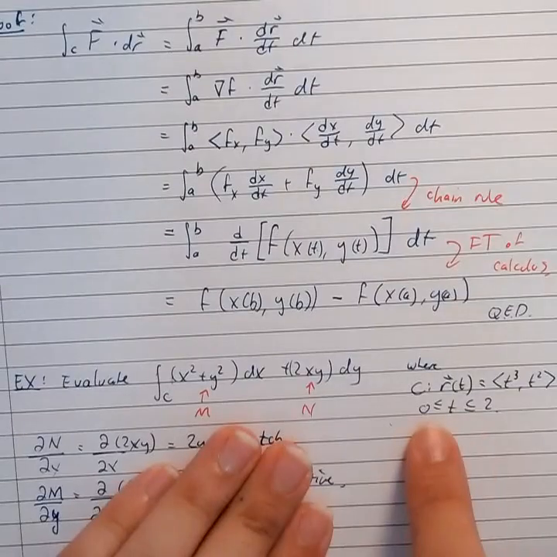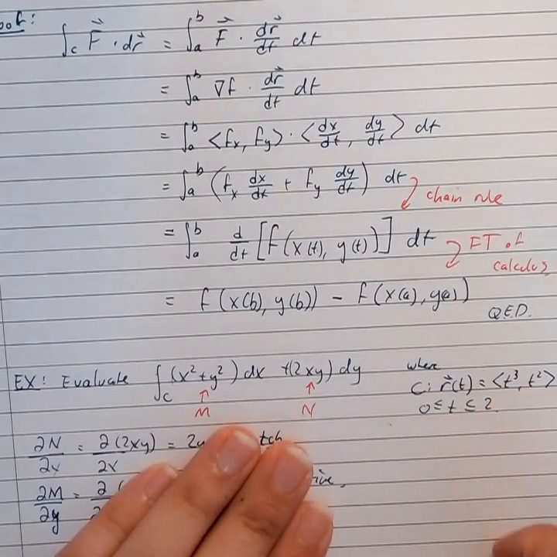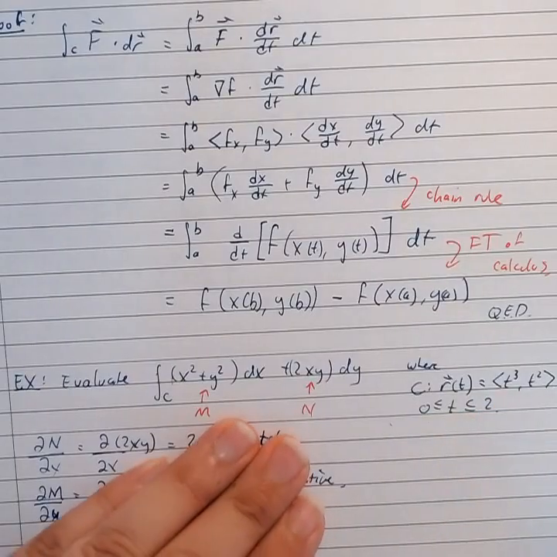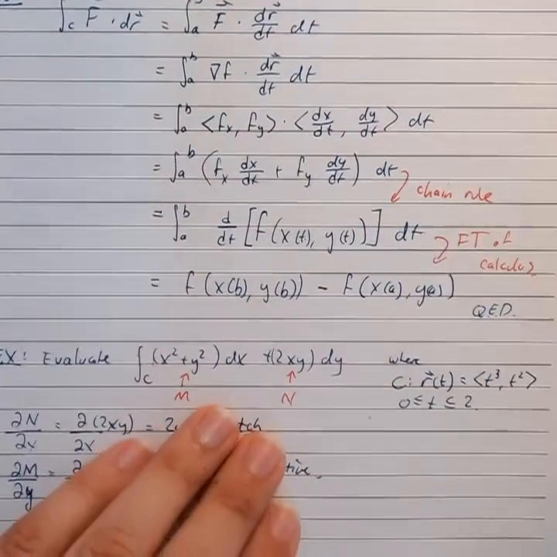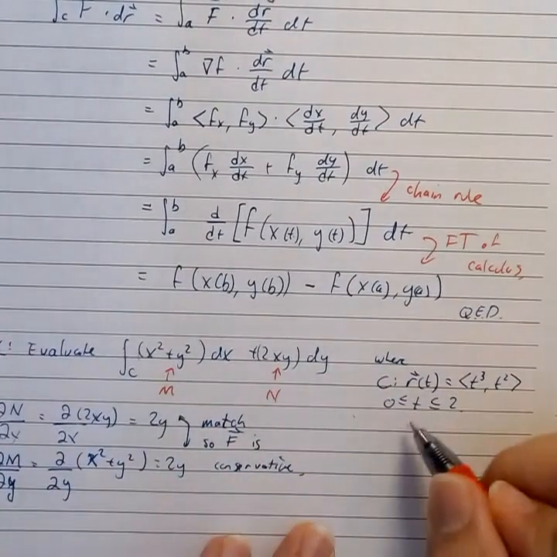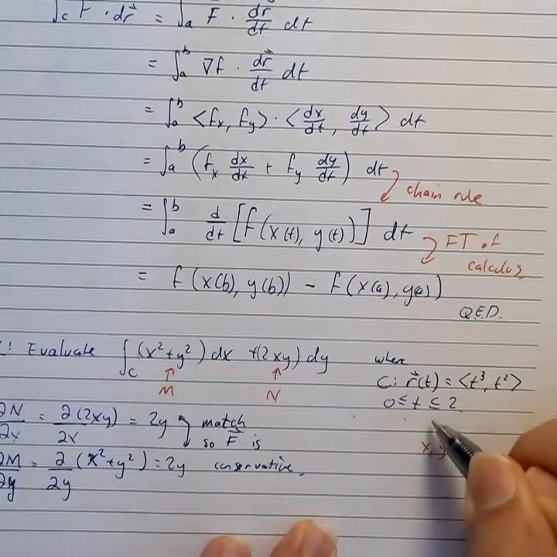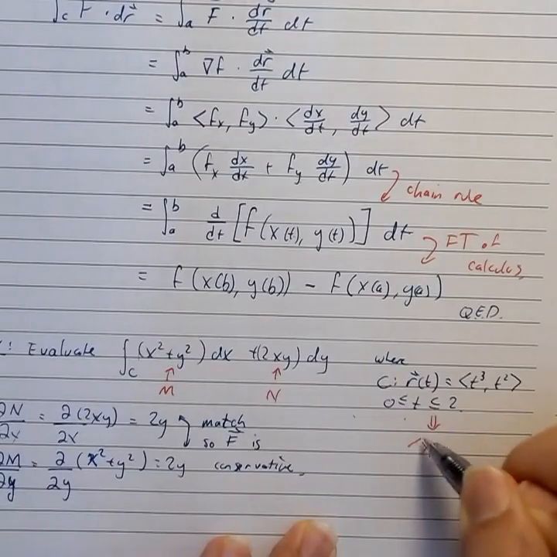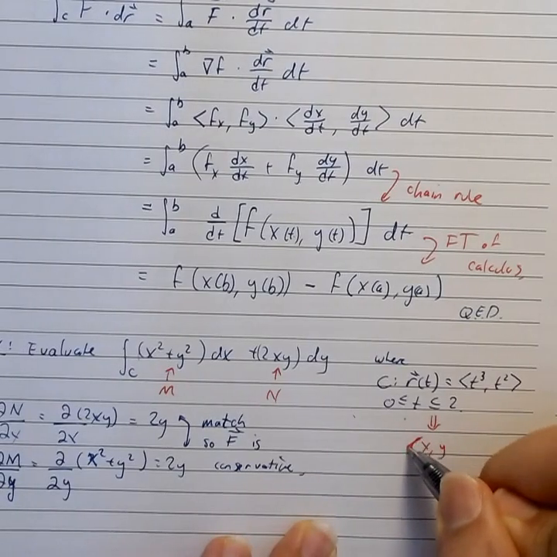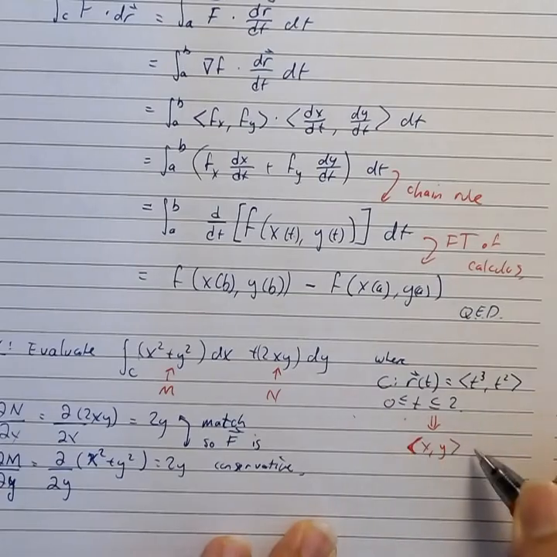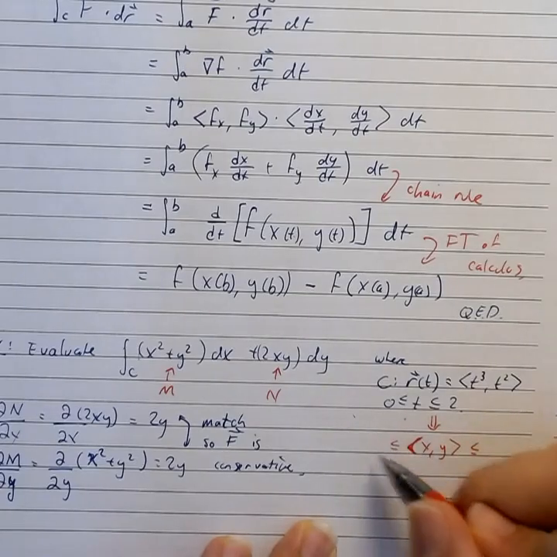Let's just take the lowest bound of t and figure out what x and y it gives me. Let's take the highest value of t and figure out what x and y that gives me. So here, note that x comma y is bound by, well, let's see here.